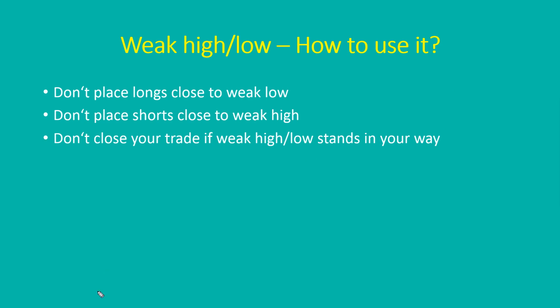So imagine that there's a downtrend, then there's a weak low, and then the price continues some way, it doesn't matter how. And let's now say that you would like to place a long trade, for example, from this area. Let's say that this is a strong support, or you think it is a strong support.